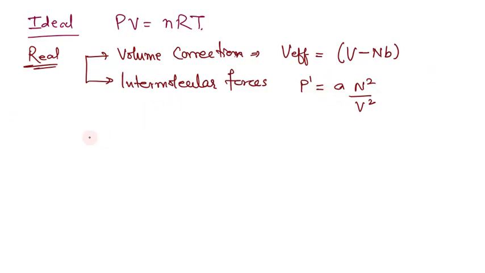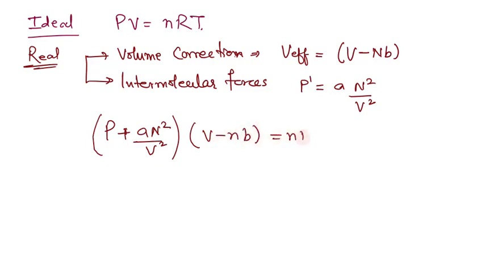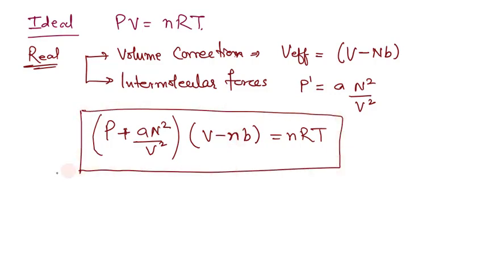So the real gas equation turns out to be (p plus a n square by v square) times (v minus n times b) is equal to nRT. Here a and b are constants, and n is the number of moles, remember. So this is the expression for a real gas.